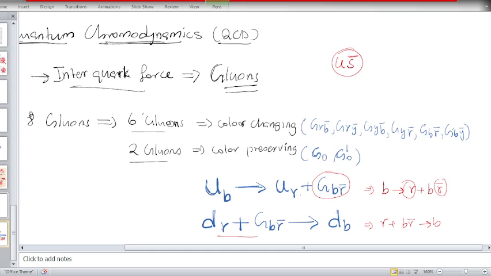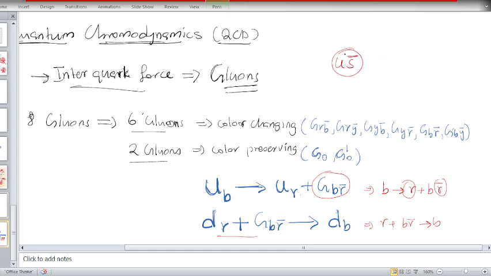If you give some energy to this quark anti-quark pair and try to separate them, that will never happen, because this force is very strong, and you have to give very high energy to separate these two. But that high energy is enough to create a quark anti-quark pair.